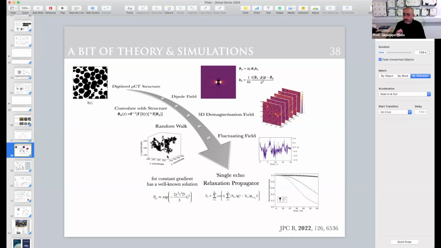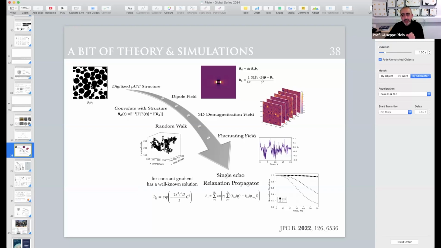The demagnetization field is as precise as the structure, because we use a Fourier convolution. We build one demagnetization field, which is a dipolar field in the middle, and then we use the Fourier convolution theorem to have the field at each point in the image. For this approach, if I remember correctly, the resolution was 3 microns.